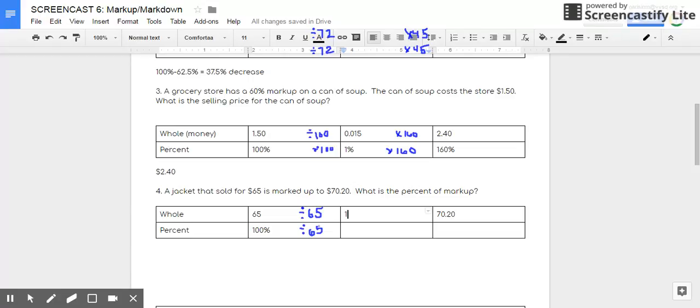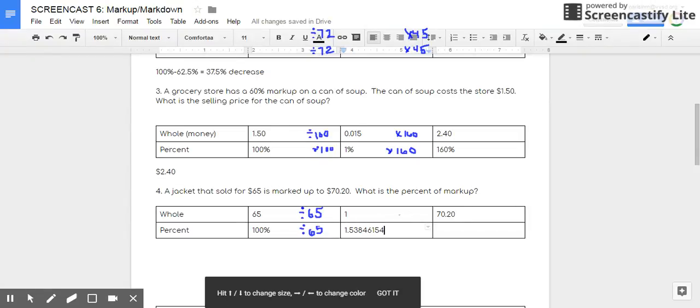100% divided by 65 is going to give us a repeating decimal. So we get 1.538461 and then 54. I'm going to leave that in my calculator. And I know I can go from 1 to $70.20 by multiplying by $70.20.